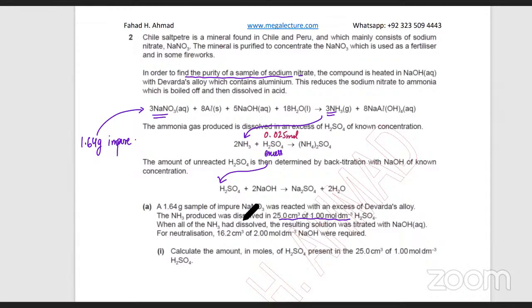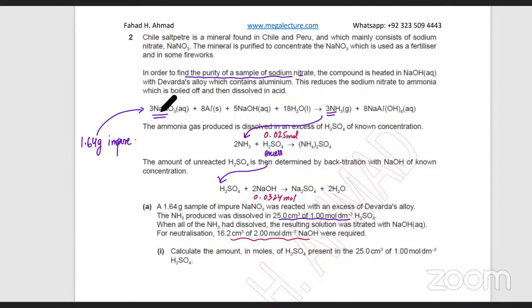Then when all the NH3 had dissolved, the resulting solution, the excess H2SO4, was neutralized by NaOH. So how many moles of NaOH were added? 0.0324. So the story has reached here.